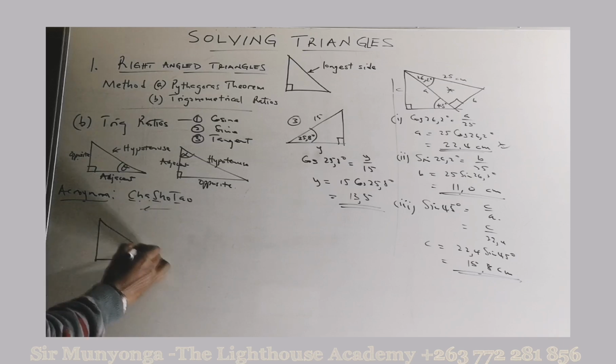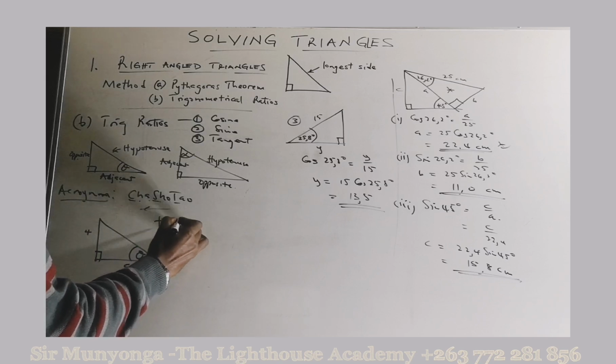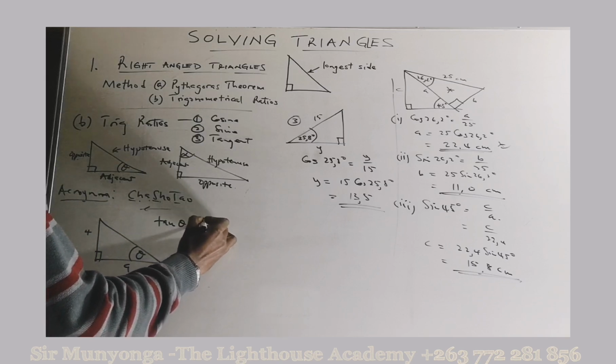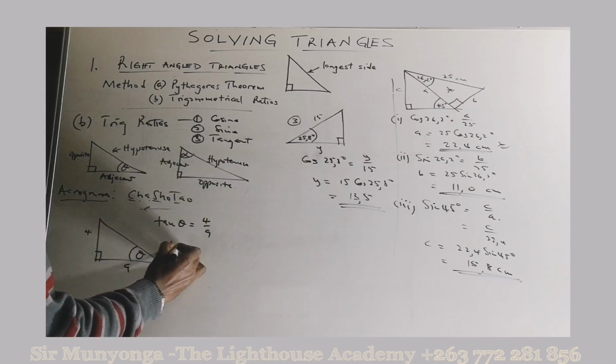Say you're given this right angle triangle and the missing angle. You're given two sides. So here, the missing angle, the side which is opposite to the missing angle, that's 4, and adjacent. So we have opposite and adjacent. We make use of tan. So it becomes tan theta is equal to opposite, which is 4, adjacent 9.